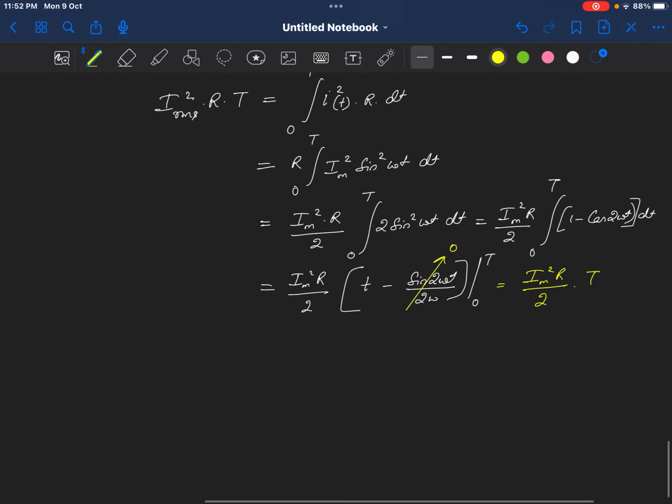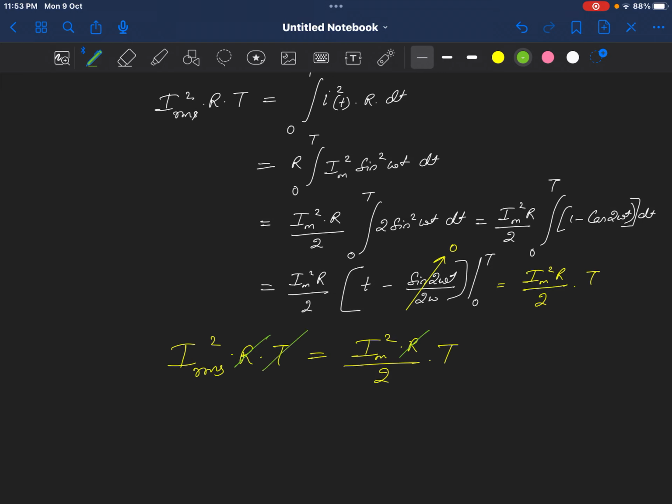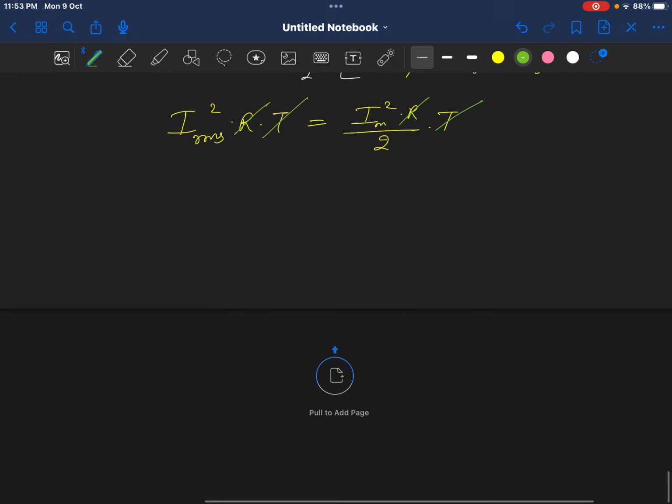So on the left hand side, what we have, Irms square r T is equal to Im square r by 2 into T. So this r cancels out, T cancels out.